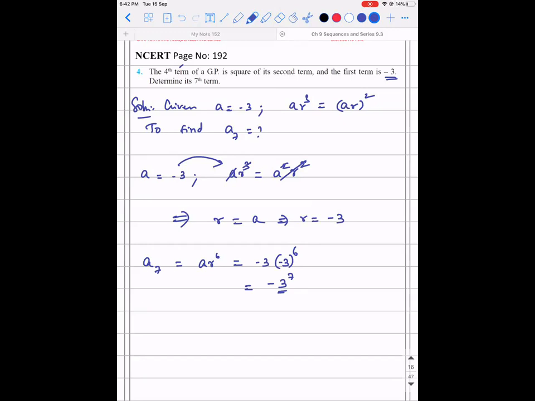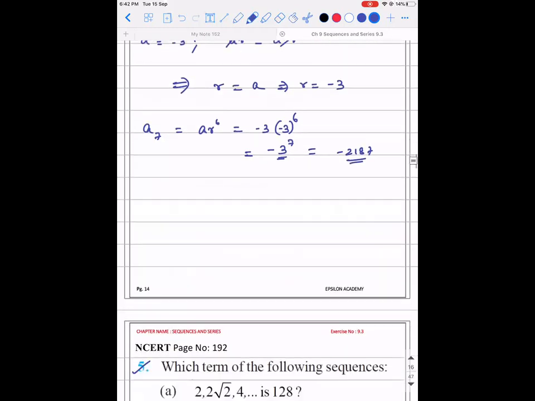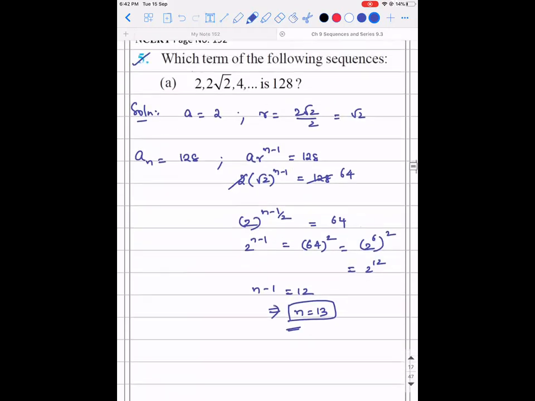What is the answer? Minus 2187. Yes, 3 power 7 is 2187. I hope it is right. Okay. So the next one we have completed. n is 13.